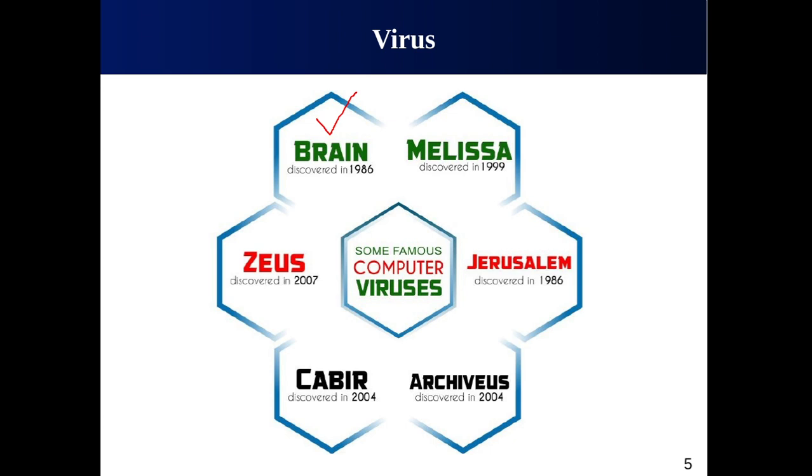The effect of the viruses is different, like the categorization of the viruses. For example, some viruses are able to infect the boot sector files, and they are known as boot sector infectors, while others are able to affect files, and they are known as file infectors. And then we have the macro viruses.